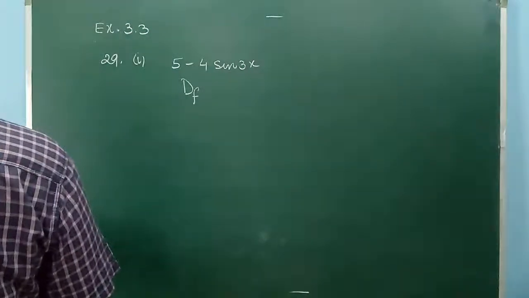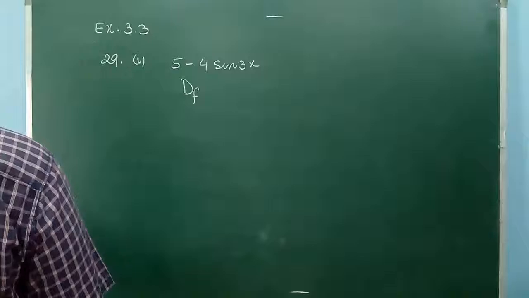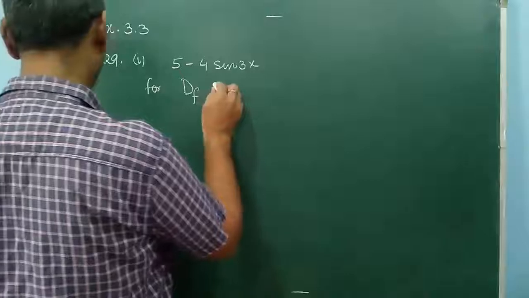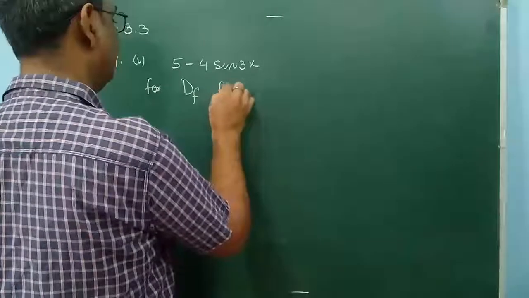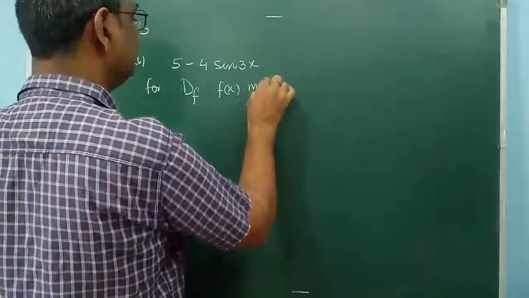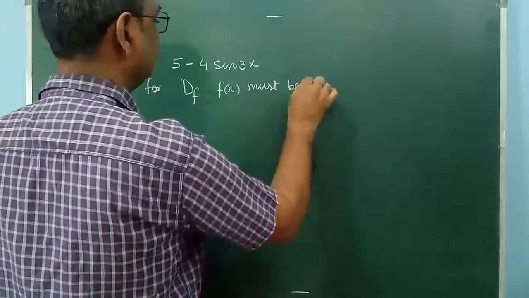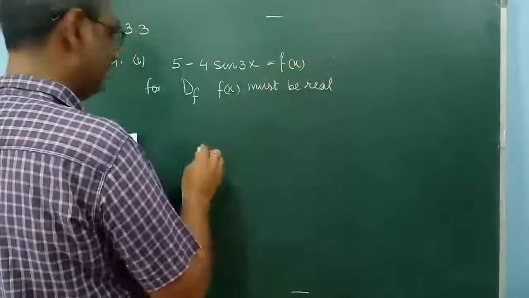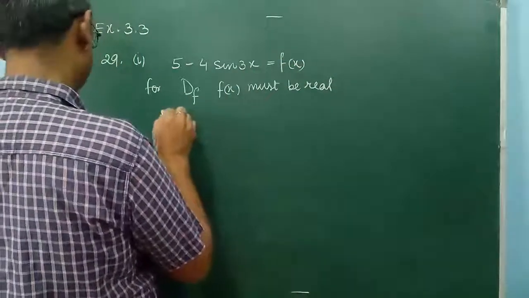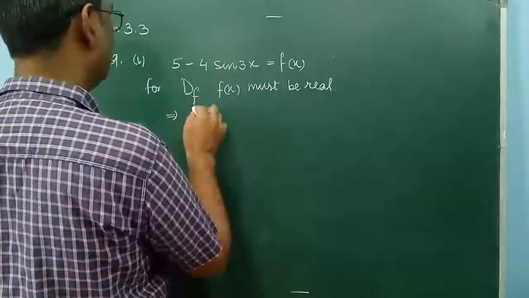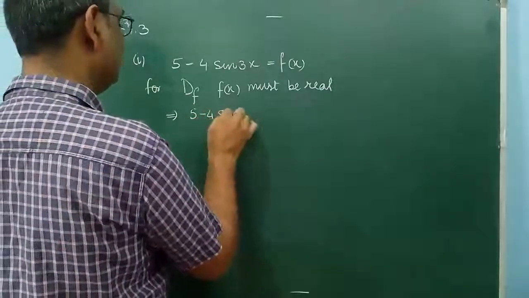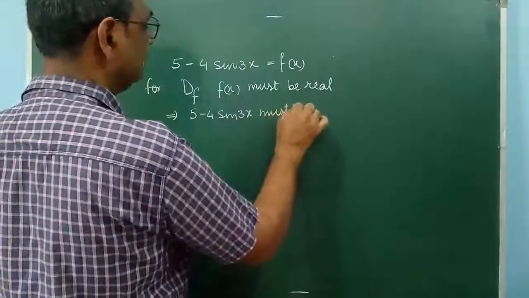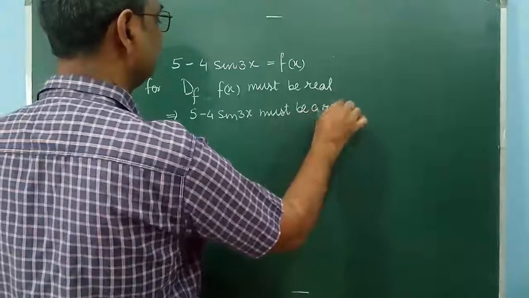Or we can write, for domain Df, f(x) must be real. Means the value of this one should be real. This implies 5 minus 4 sin 3x must be a real number.